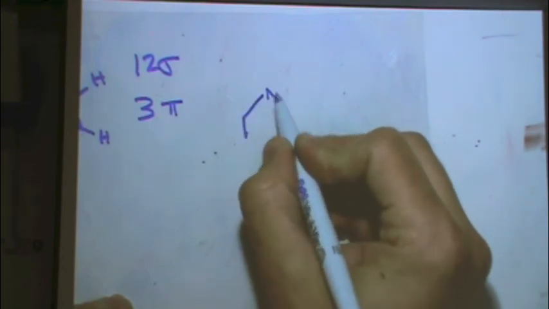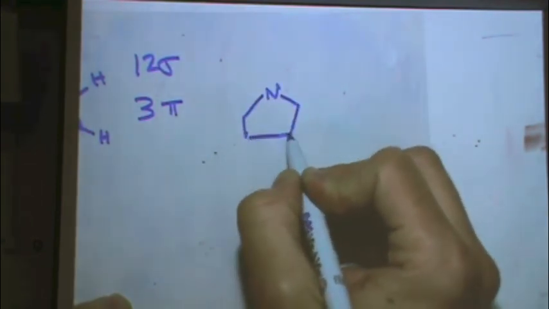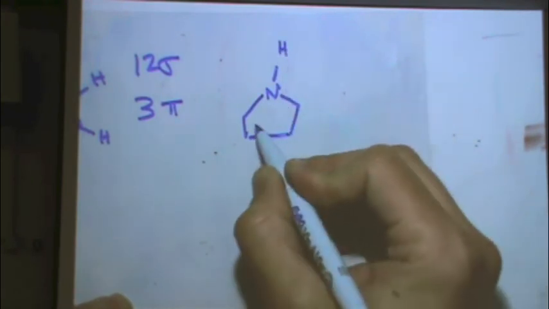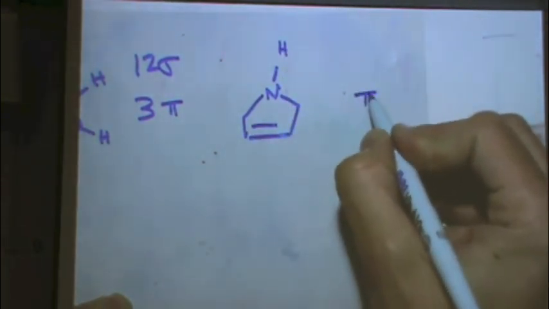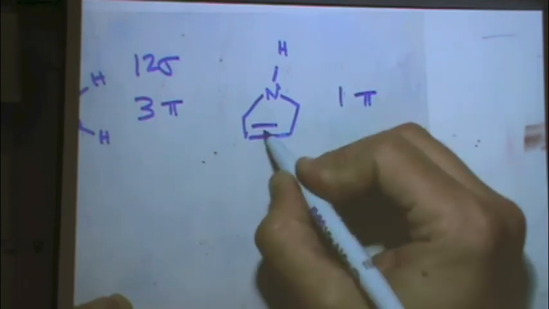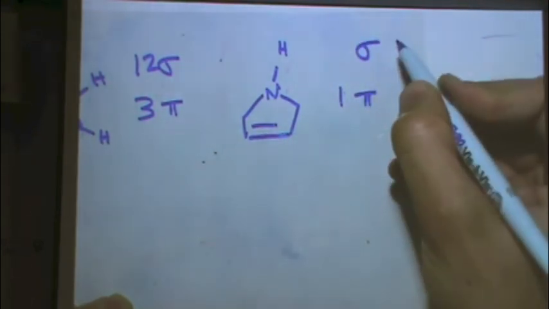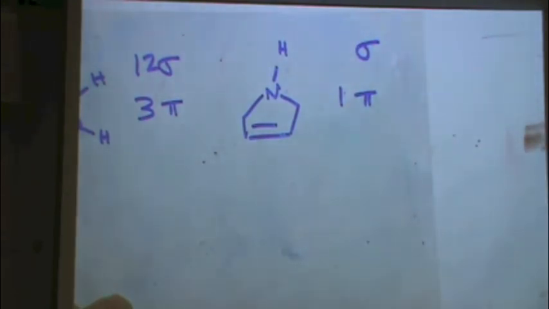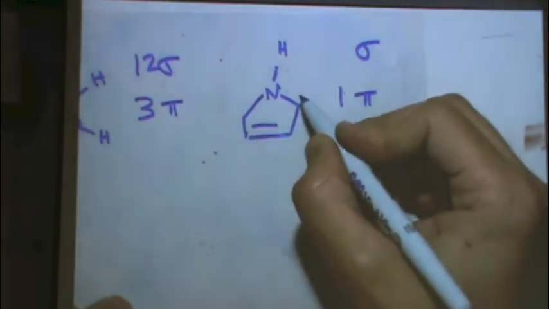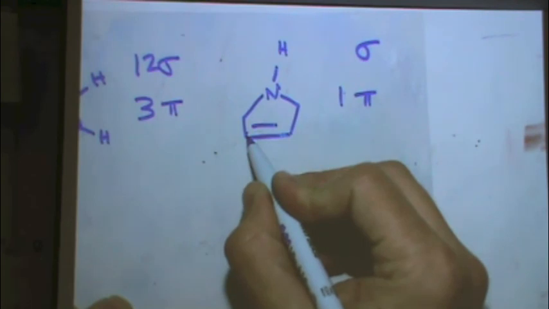Okay, one more. Last one. I've got other stuff to do. How many pi's? 1, right there. How many sigmas? Think about it this time. Think about the hydrogens. How many hydrogens are here?